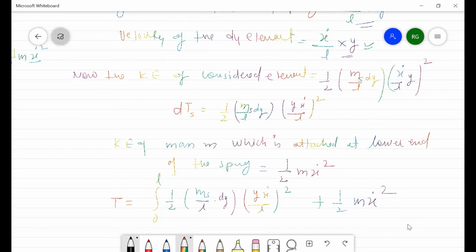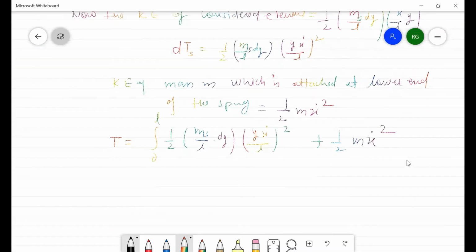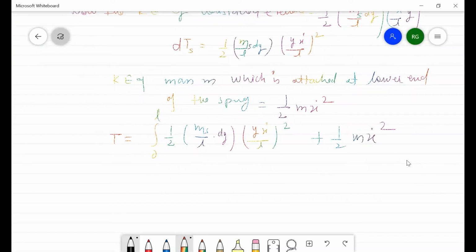If we integrate this, we get half m x dot square plus 1 by 2 ms divided by 3 x dot square. So this is the total kinetic energy.